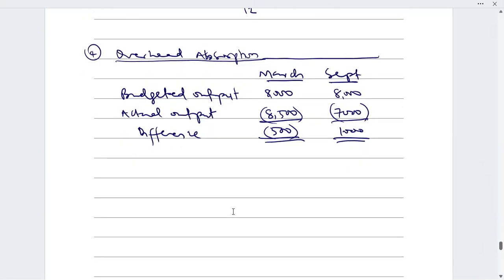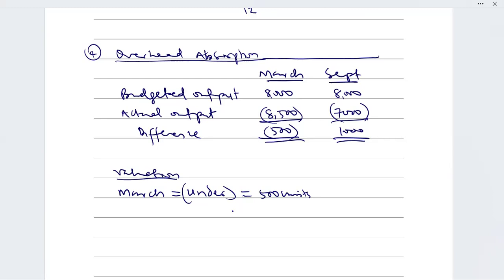So let's value it. Valuation. For March, it is under-absorbed, which is equal to 500 units.